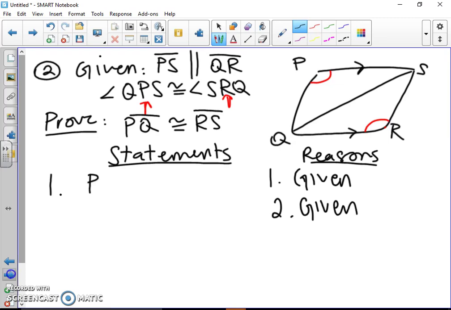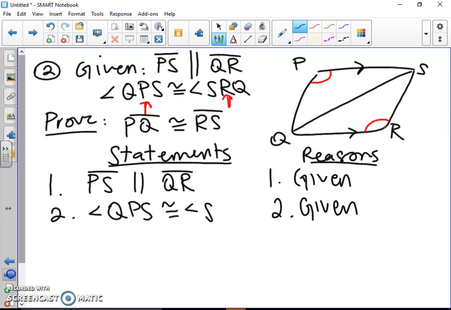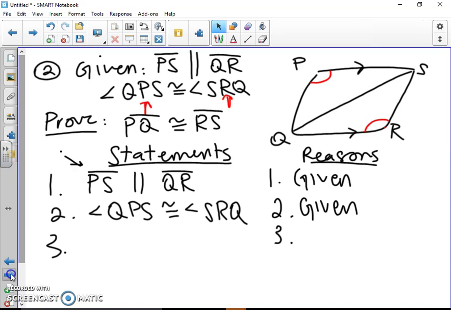All right, so the first one I'm going to say PS is parallel to QR, although it's the same thing. And then angle QPS is congruent to angle SRQ. So let's look at what we can get from step 1.